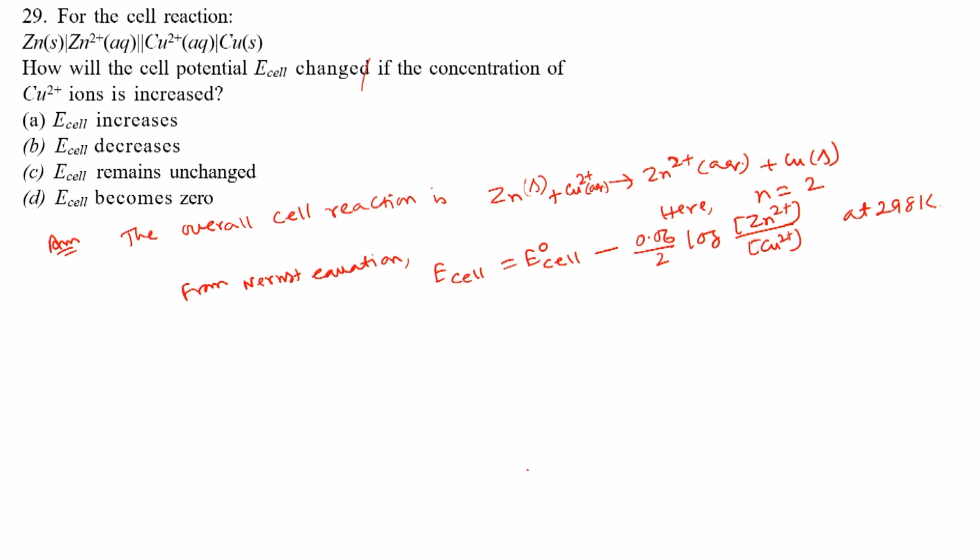Now, how will E cell change if the concentration of Cu2 plus ion increases? If Cu2 plus is increased, the denominator is increasing, so overall this value will decrease, and you have the minus sign, so E cell will increase here, right.